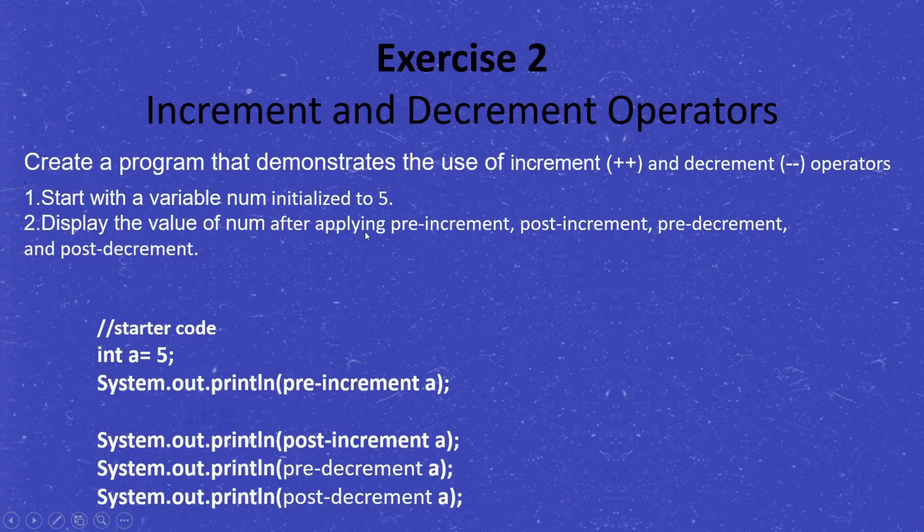Then you have to display the value of a after applying pre-increment, post-increment, pre-decrement and post-decrement. So you can use all 4 sys out to show the value. Over here, instead of pre-increment a, you have to write your logic, whether it will be plus plus, minus minus. So you have to write all that in sys out.